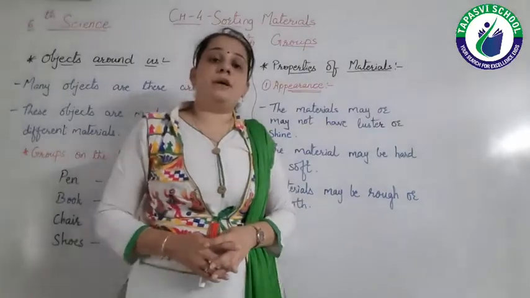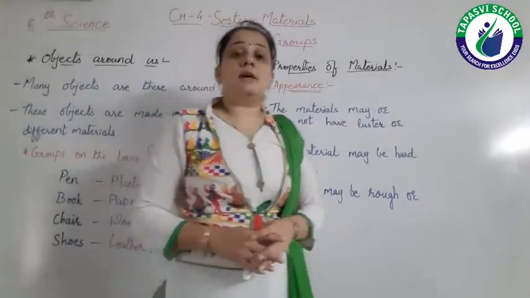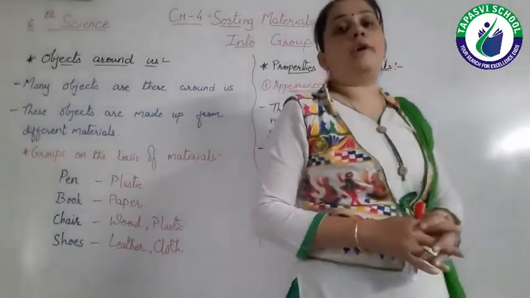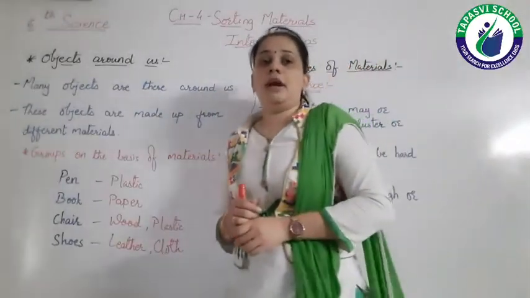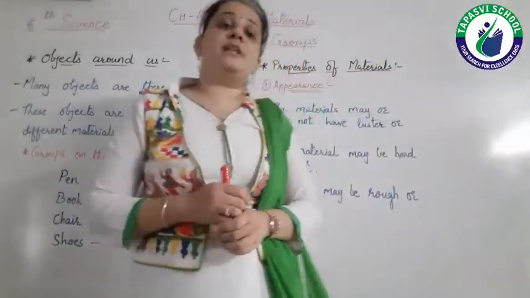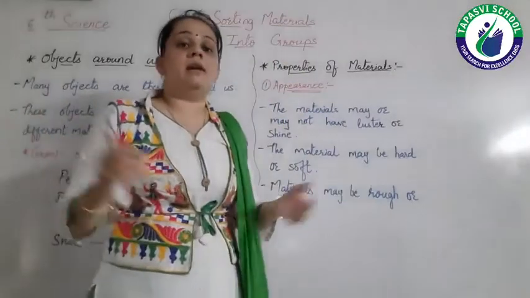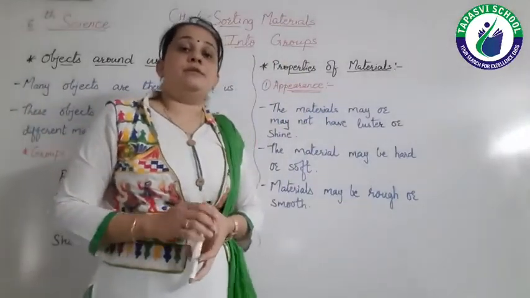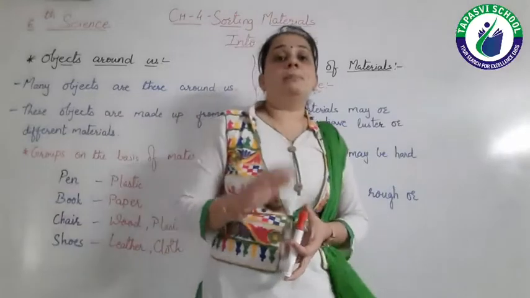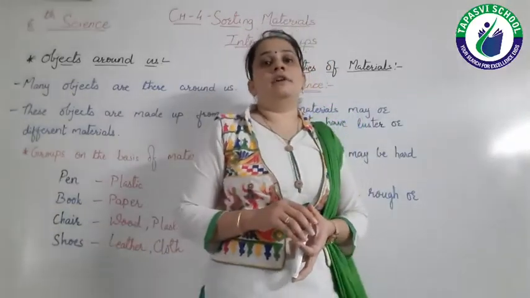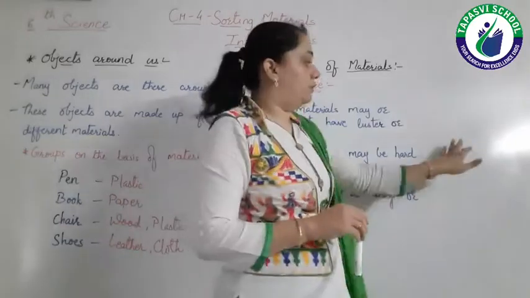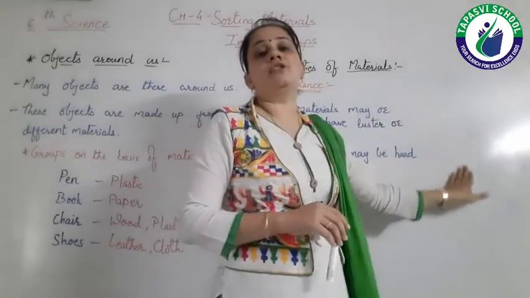The next property, that is the substance may be smooth or rough to touch. If we touch an object, right, it may be smooth or it may be rough, right? If you touch the bark of a tree, then it is rough. But if you touch the whiteboard, then it is smooth.